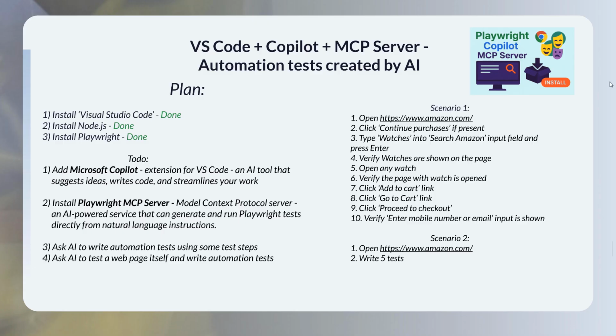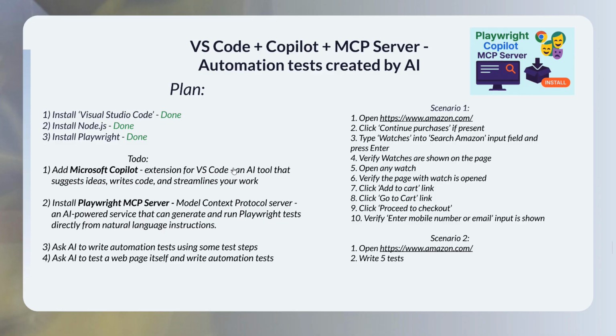So let's start. Previously we installed Visual Studio Code, Node.js and Playwright. What should we do today? First of all, we should add Microsoft Copilot. It is an extension for VS Code and it is an AI tool that suggests ideas, writes code and streamlines your work. After that, we will install the Playwright MCP server.